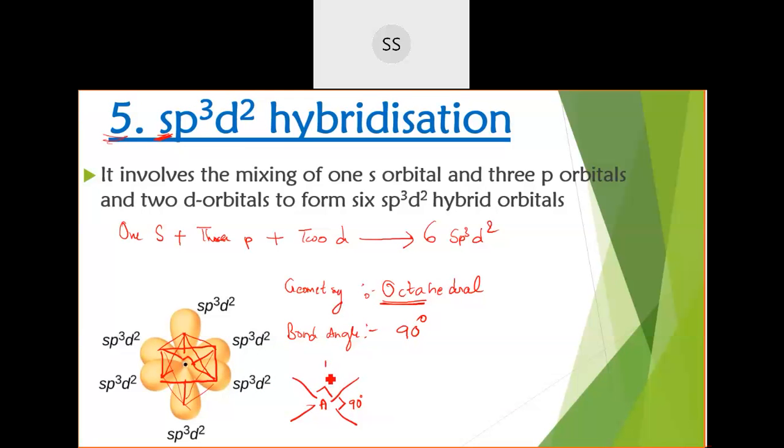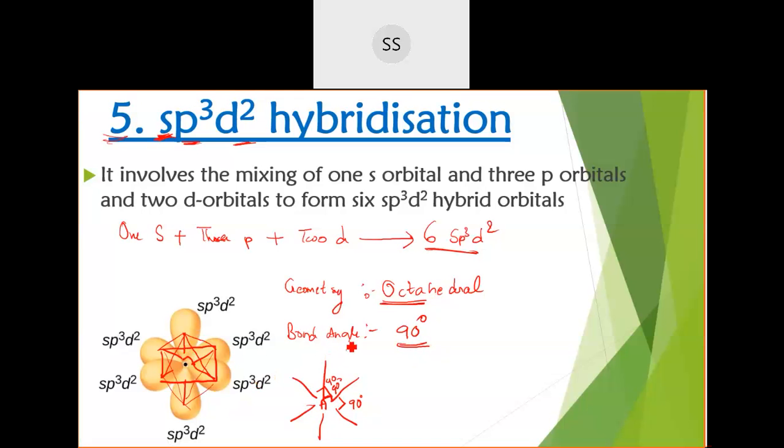Now take the ones above the plane and below the plane; they will be perpendicular, so that angle also will be 90°. Everywhere the bond angle is going to be 90°. So that is about sp3d2 hybridization. It involves intermixing of 1s, 3p and 2d orbitals, giving you 6 sp3d2 hybrid orbitals, which orient themselves in octahedral fashion with a bond angle of 90° each.